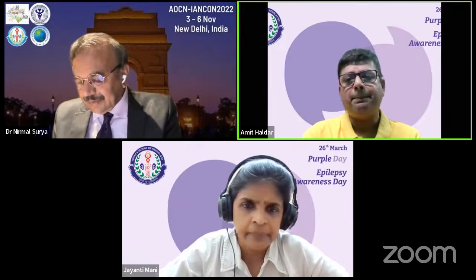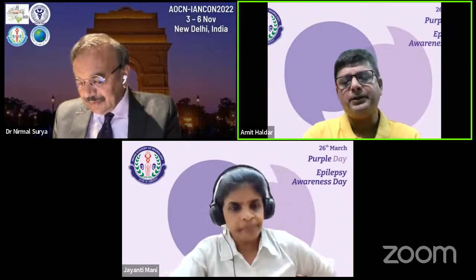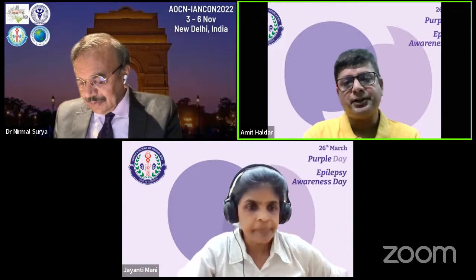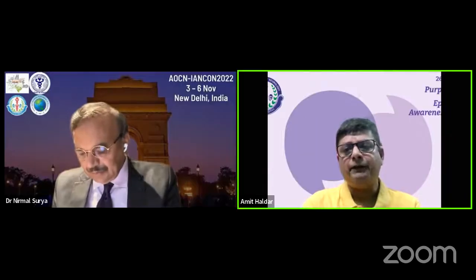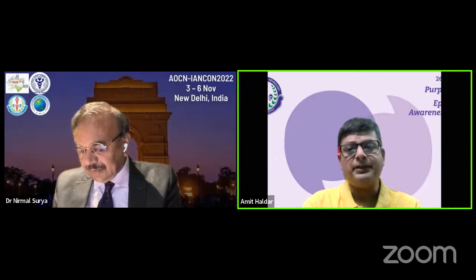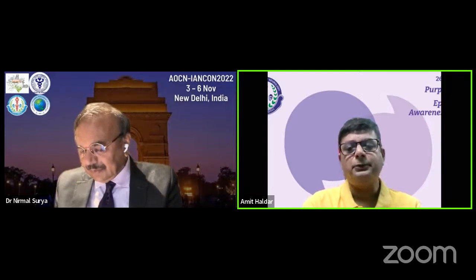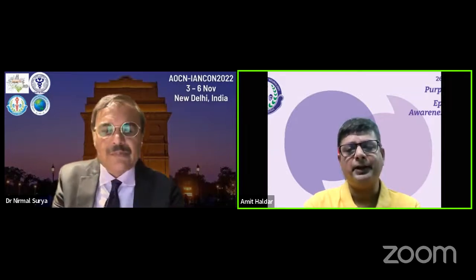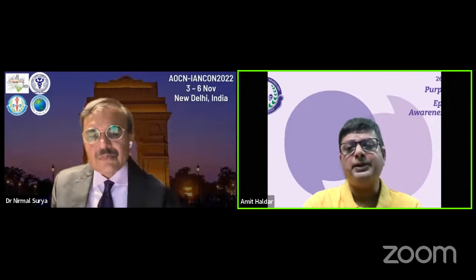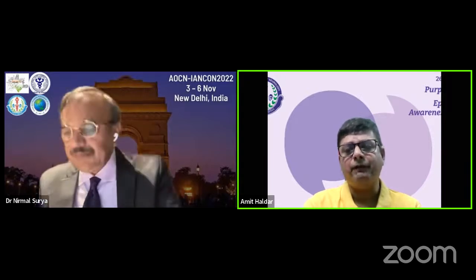And in our country, apart from this, there are a lot of infectious diseases like viral encephalitis and Japanese encephalitis in certain parts of India. Then you have tuberculosis, which can affect not only children but almost all ages of life in our country. So these are important causes of epilepsy which affect the children.